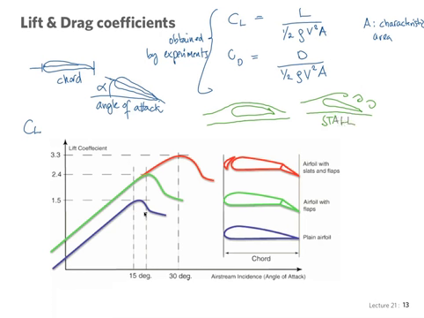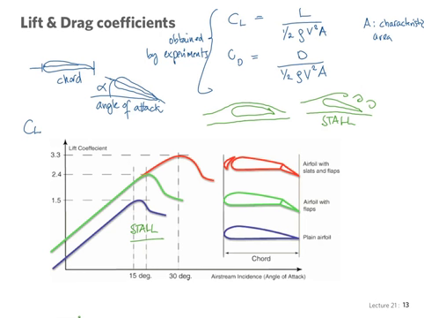And this is what we see here. At some point the lift coefficient does not increase any longer, it reaches the maximum, and beyond that point the lift coefficient suddenly drops. The airfoil is no longer capable of generating lift because of the phenomenon of separation.